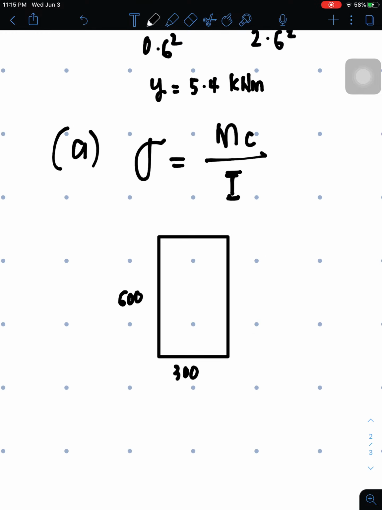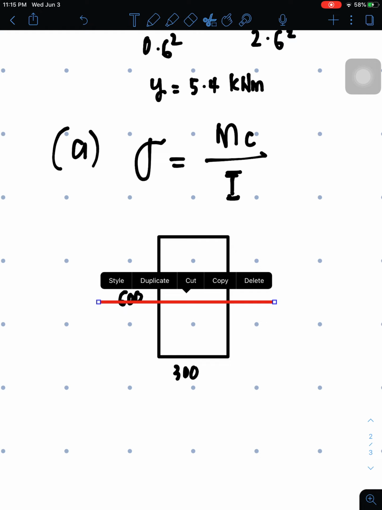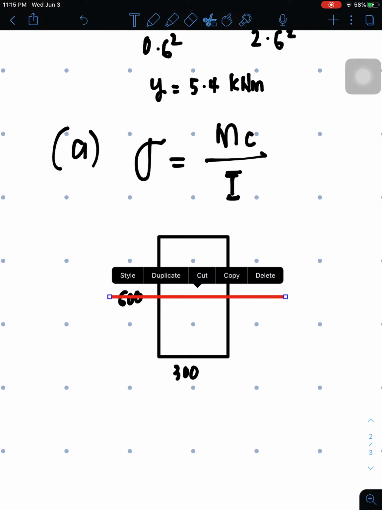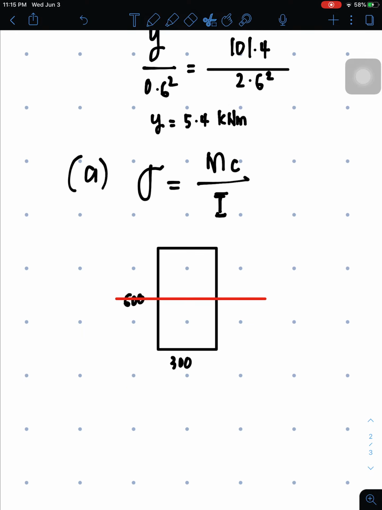So the location of the neutral axis of a rectangle is actually at the middle. No? Pasensya kayo nga wala siya sa middle. Cut and paste. I guess mo na siya ang middle.